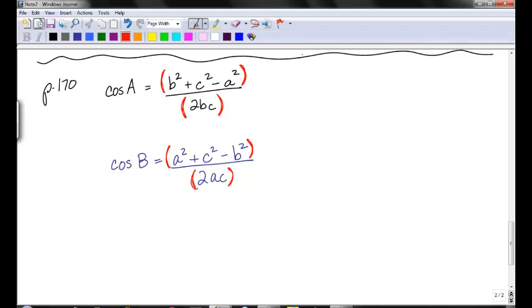And then when you get cosine of B, you would do inverse cosine and solve for the angle. And the last one, cosine of C is a squared plus b squared minus c squared, and it's all over 2ab. And make sure you emphasize you got to have those parentheses, otherwise it will mess up on the calculator.